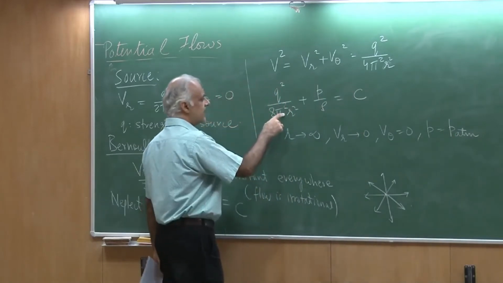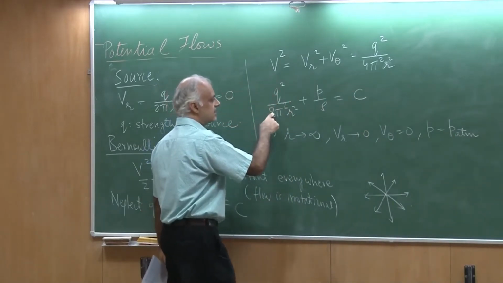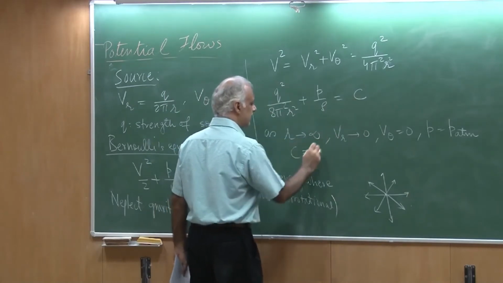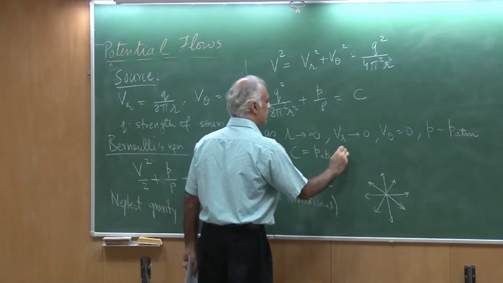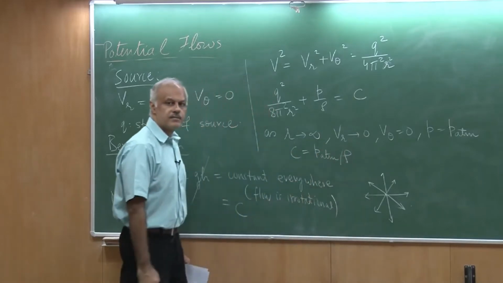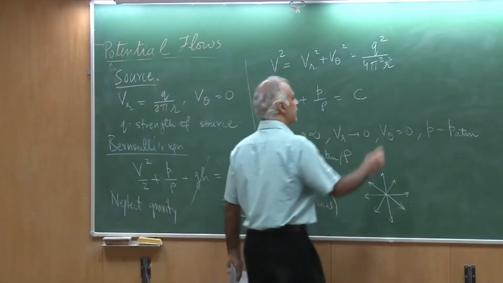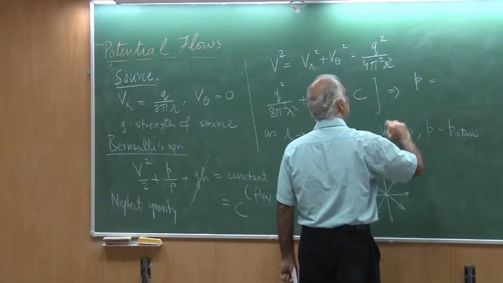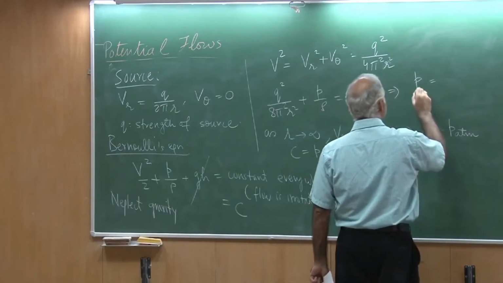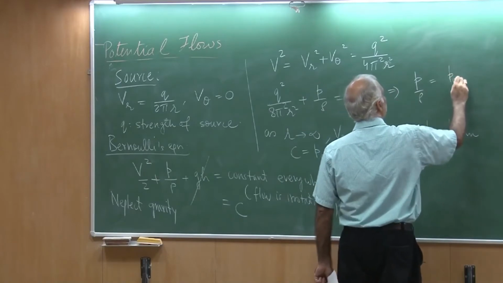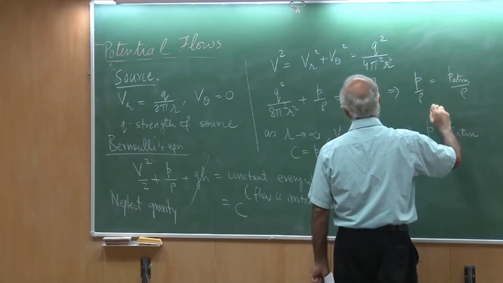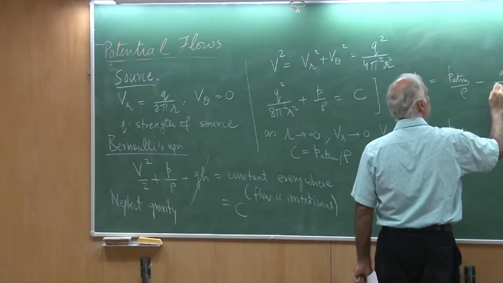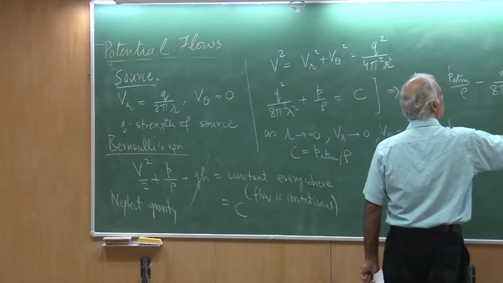So if I plug that in here, r goes to infinity, this term vanishes, C goes to P atmospheric. So I can say that C must be P atmospheric by rho. And therefore, now this tells me that P by rho is given as P atmospheric by rho minus Q square by 8 pi square r square.